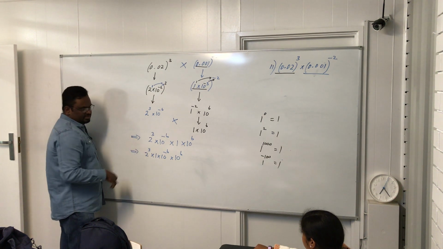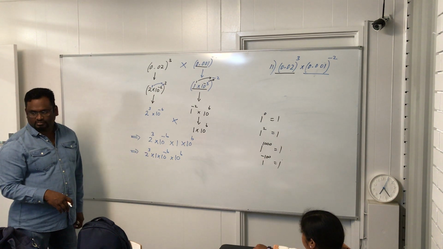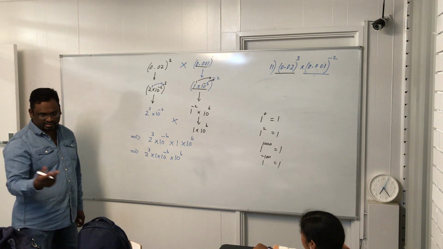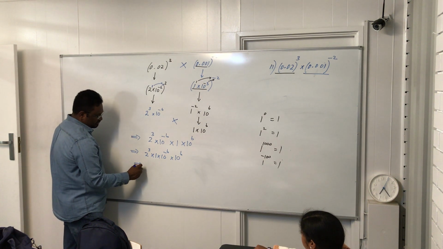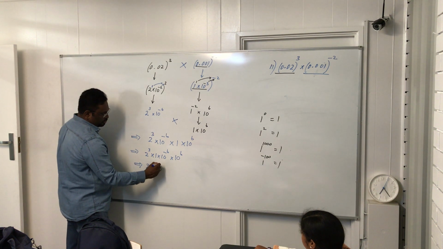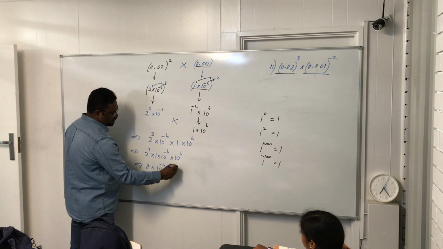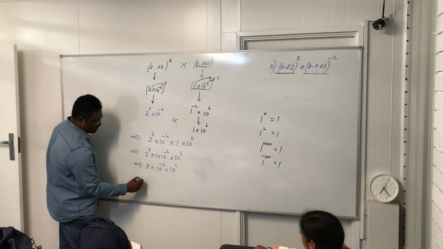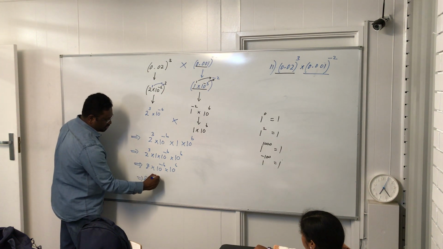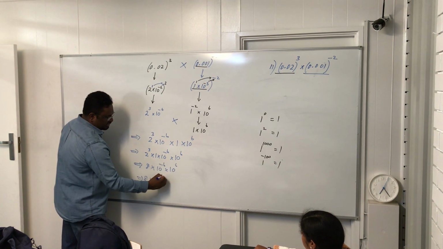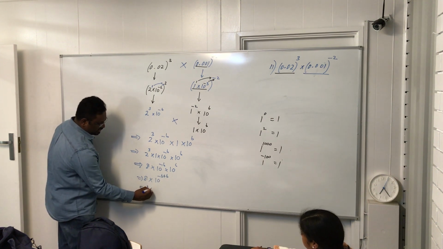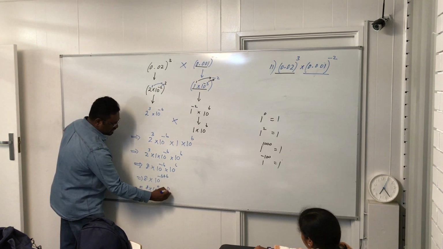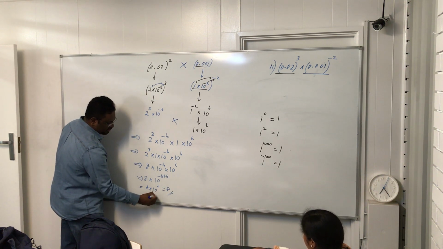What is 2 to the power 3, guys? 8. 2 times 2 times 2 is 8. 8 times 1 is 8. 10 to the power minus 6 times 10 to the power 6 is what? Additive. Combine it. That's going to be 8 times 10 to the power 0. Answer is 8. Why? Because this is 1.